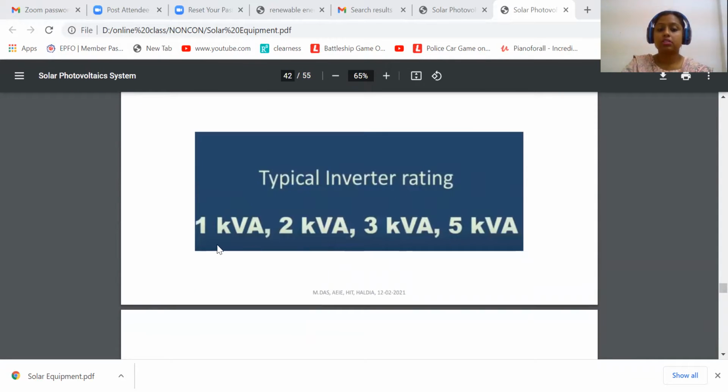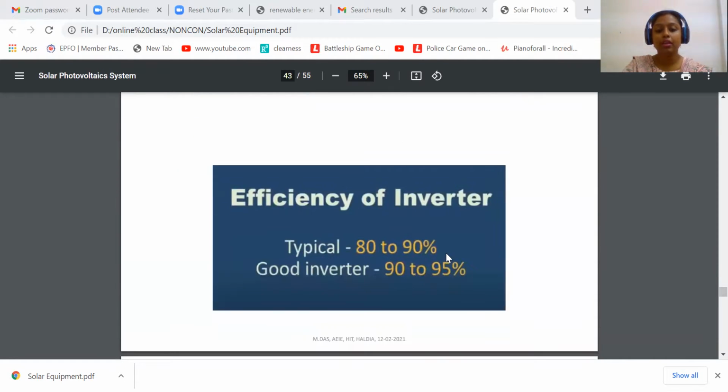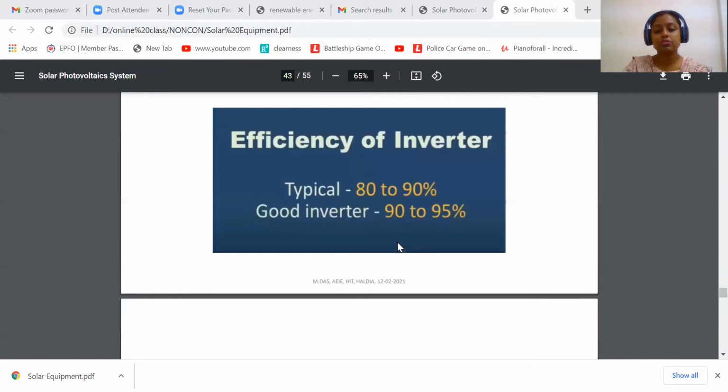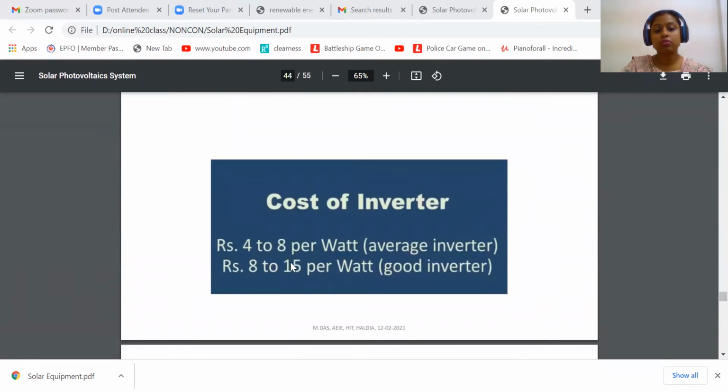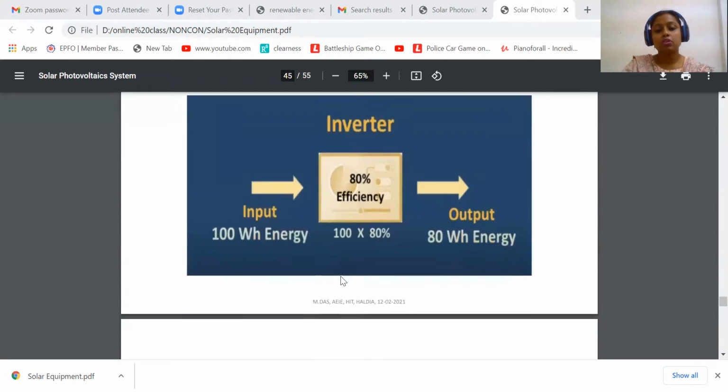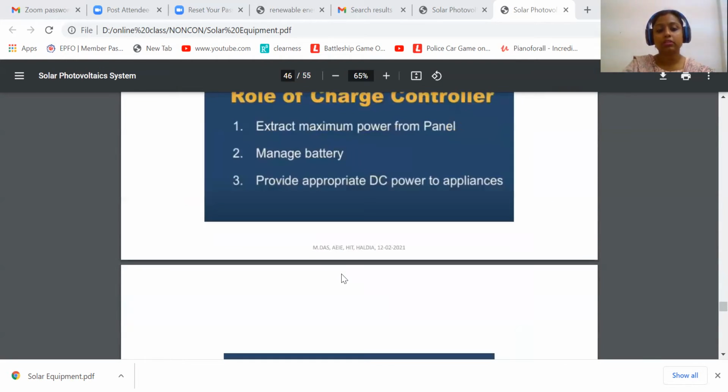Typical inverter ratings are 1 kVA, 2 kVA, 3 kVA, and also 5 kVA. Efficiency of inverter varies from 80 to 90%, and 90 to 95% for a good inverter. The cost of the inverter comes at 4 to 8 rupees per watt, and for a good inverter it is 8 to 50 per watt. So different types of things are there.